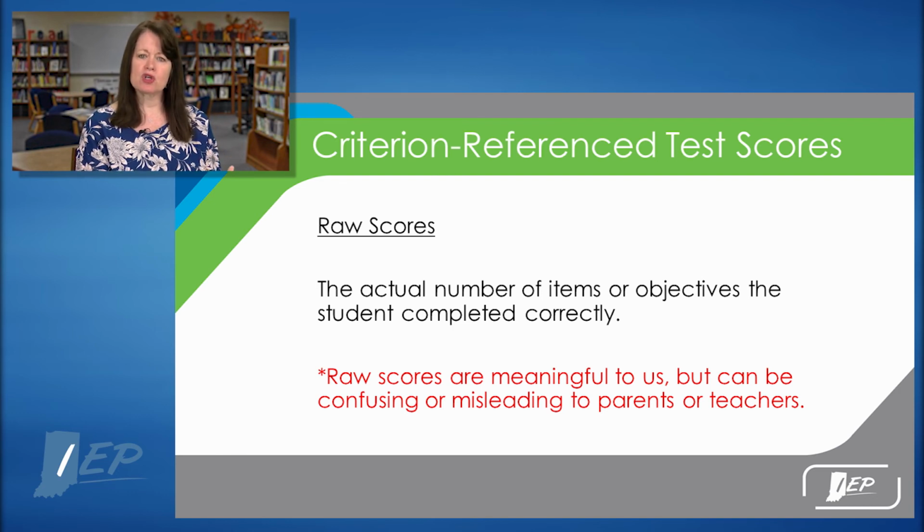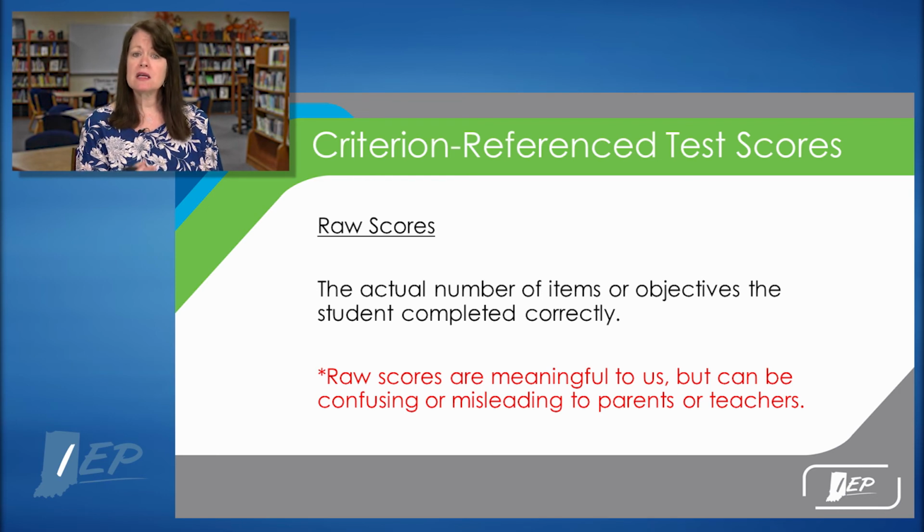Those types of scores are helpful to us as we calculate other kinds of scores and tell us a little bit about how the student did, but they can be very confusing if you include them in your reports because they generally have no meaning until we convert them into something else.